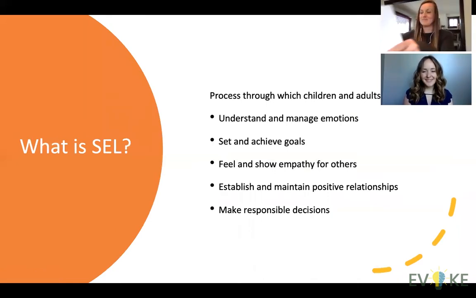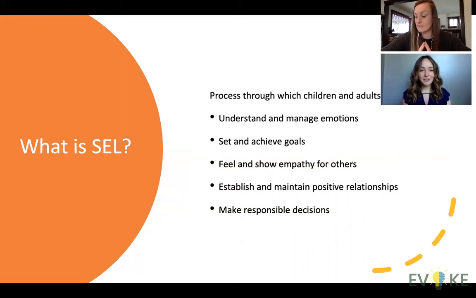So before we dive in, let's talk about what SEL even is. Some of you may have heard of it and some of you may not have, and that's perfectly okay. Basically, SEL is the process of learning social and emotional skills, such as understanding and managing your emotions and setting and achieving goals, being able to be compassionate and feel empathy towards others, having those positive social relationships, and making responsible decisions.